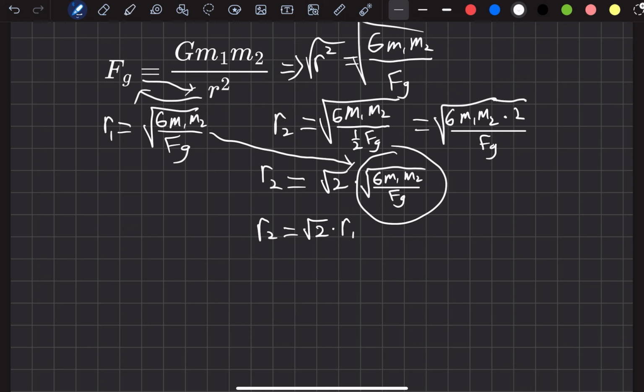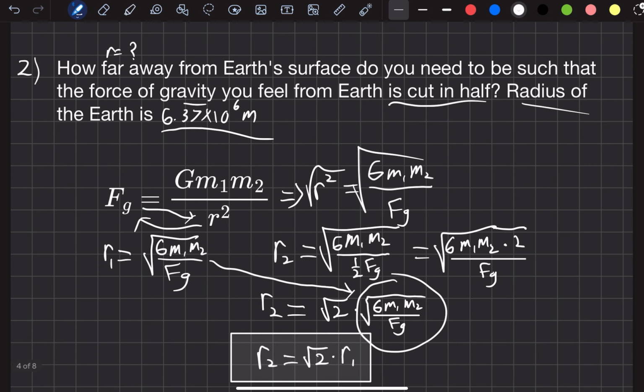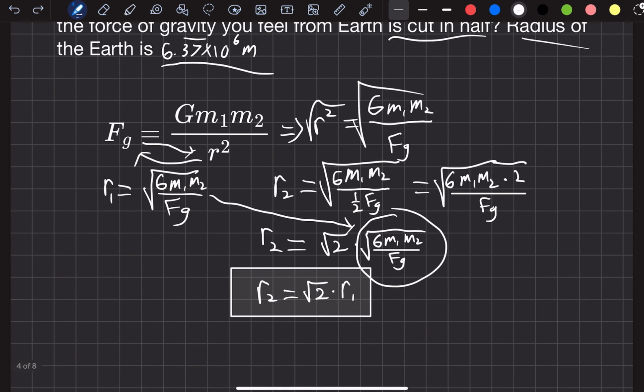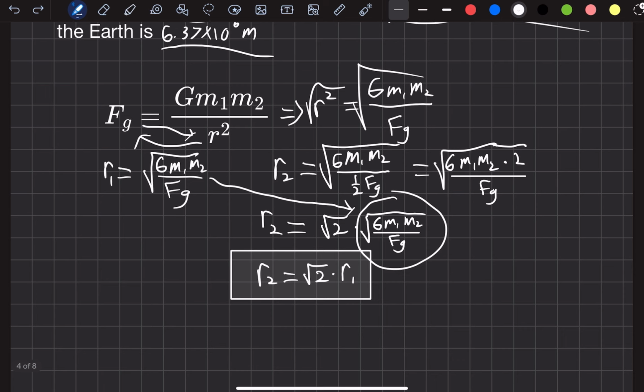And from that, we could figure out, compared to the original radius, how the new radius looks. And what we know is that the new radius would be square root 2 times the old radius. Now, if we want an actual value, we can plug in the radius that was given, and that would give us an actual value for the new radius.